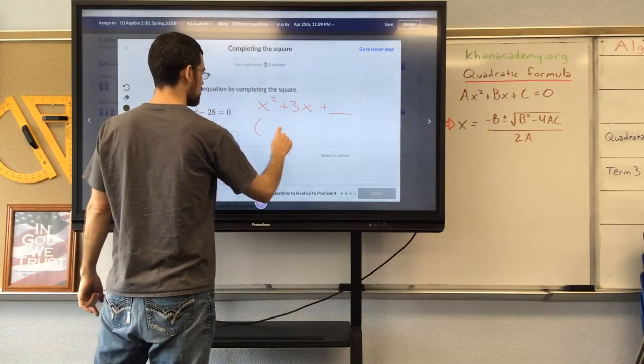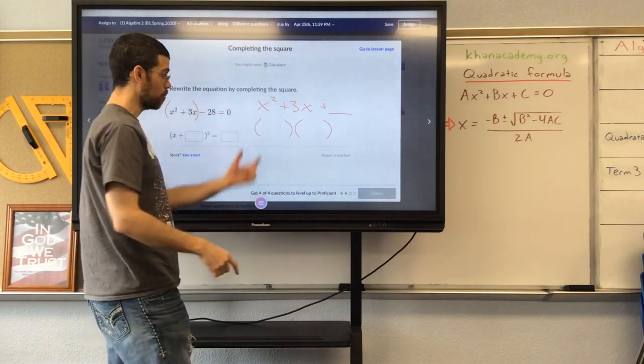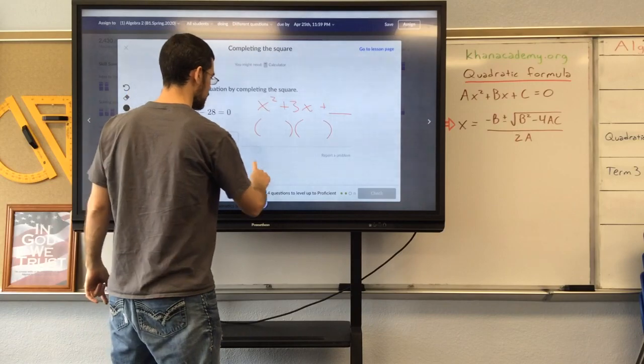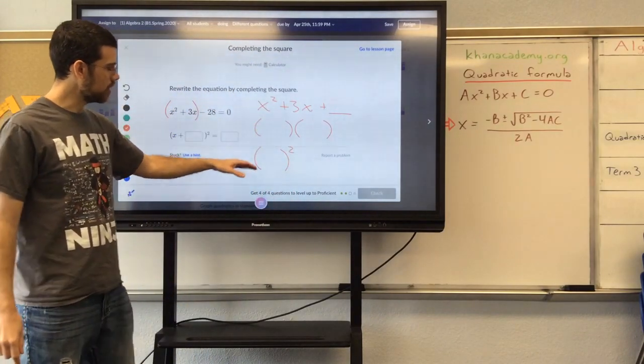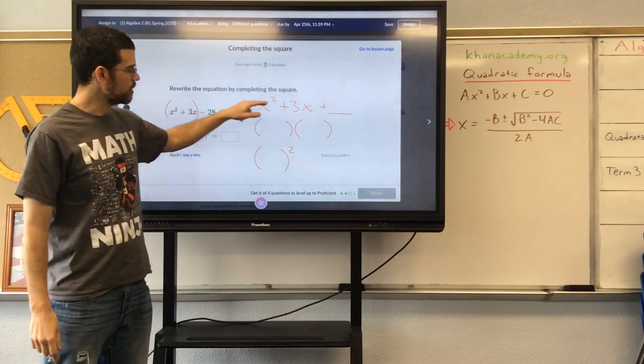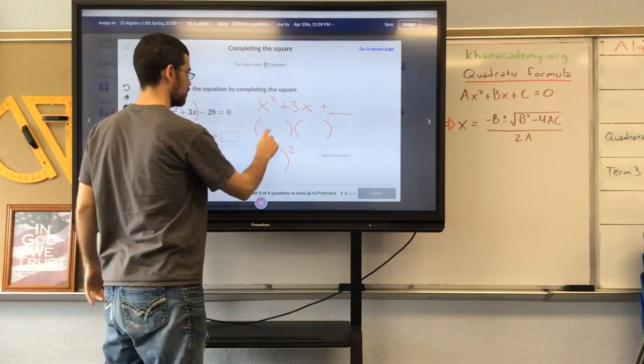could be re-expressed as a binomial times a binomial where both of these are identical, which means you could express it this way. So something in here times itself is going to give you this expression. Well, x times x gives you x squared.